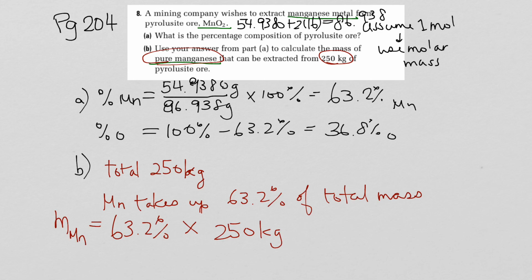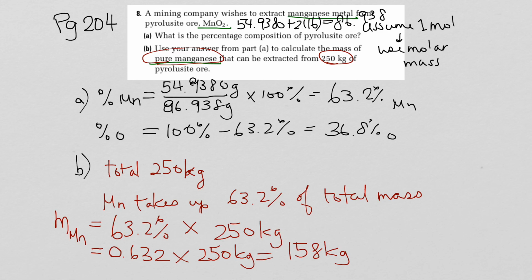And if we were to continue this, your calculator sometimes has a percentage button, but I wouldn't depend on it. So I'll just convert this back to a decimal, which is 0.632 times 250 kilograms equals 158 kilograms.